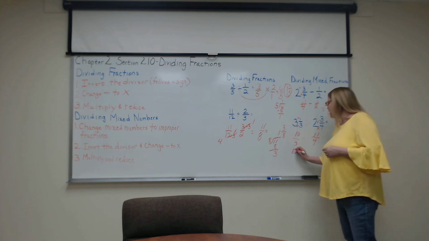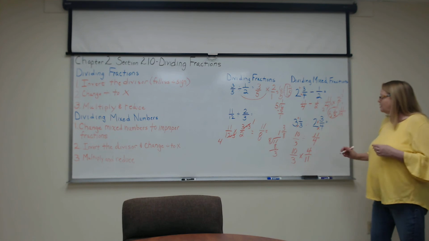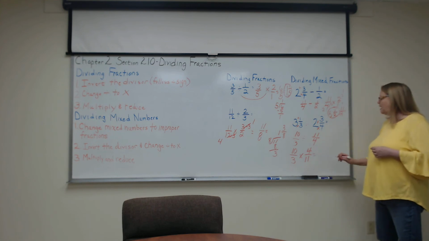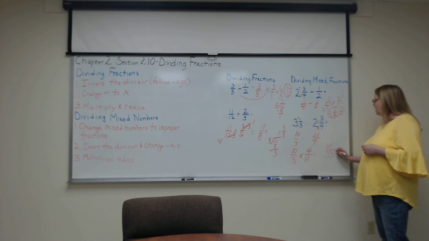So we get 10 thirds times 4 11ths. So if we multiply that, we end up with 40 33rds, which if we divide 33 into the 40, we end up with 1.